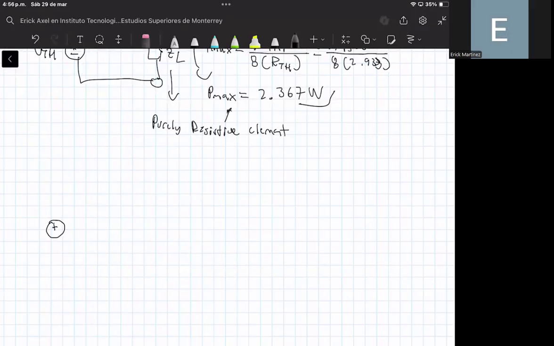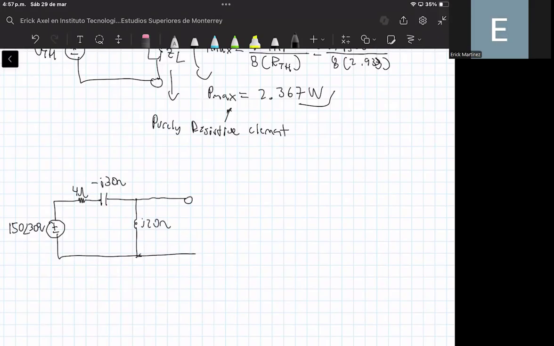Here we have the voltage source that is 150 with an angle of 30 degrees volts. And here we have the 4 ohm resistor. Here we have the capacitor. And here we have an inductor. And here we have the terminals.